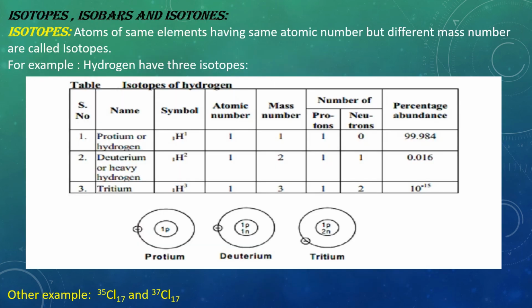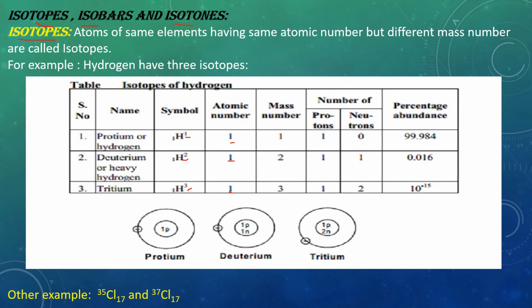Now the next is isotopes, isobars and isotones. Now first I am taking isotopes. Atoms of same element having same atomic number but different mass number are called isotopes. For example, hydrogen have 3 isotopes: protium, deuterium and tritium. Protium is having 1H1 symbol, deuterium 1H2 and tritium 1H3. Atomic number is same, that is 1, 1 and 1.